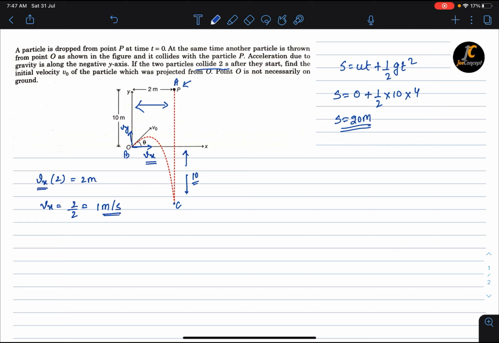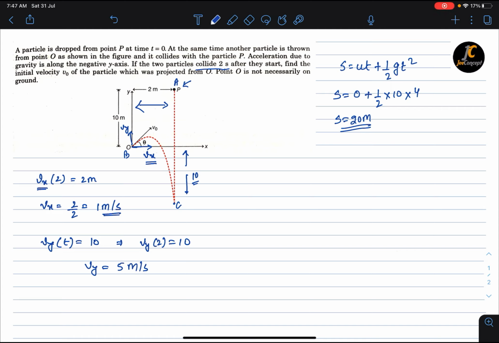Similarly, the vertical distance, which is 10 meter, will be covered by the Vy component of the velocity. So Vy into t is going to be 10 meter, and time is again 2 seconds. So Vy into 2 is equal to 10. So that means Vy value is 5 meter per second.